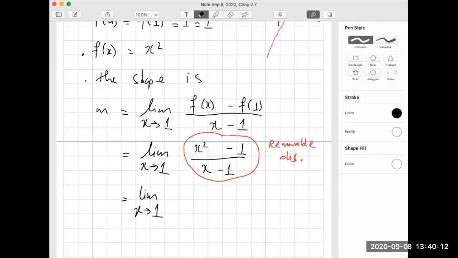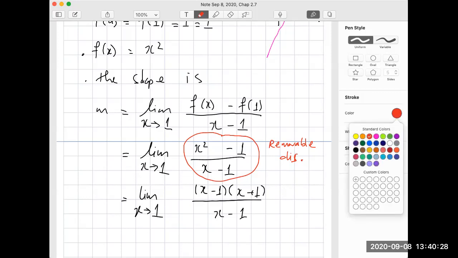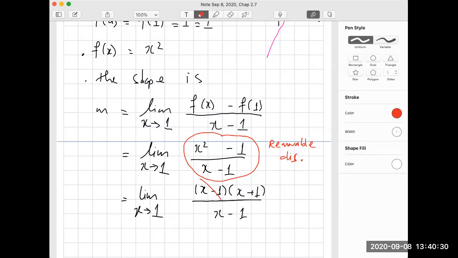We see that x squared minus 1 is x minus 1 times x plus 1, and the denominator is just rewritten. Then in the numerator there's x minus 1, and there's x minus 1 in the denominator, so they cancel each other, right?